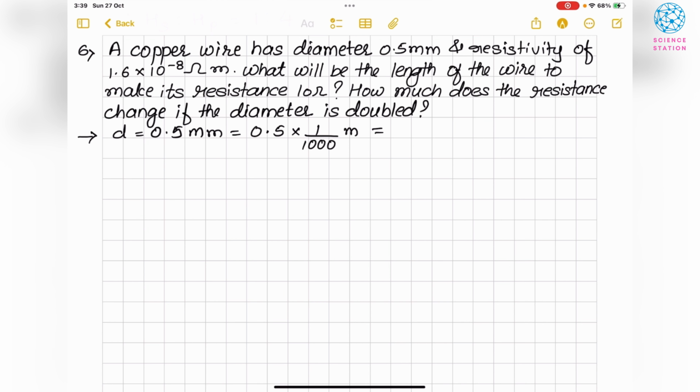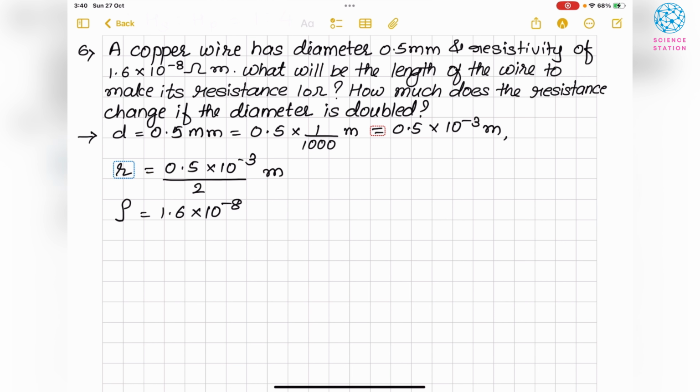So that will be equal to 0.5 into 10 raised to minus 3 meter. So I can say r will be equal to 0.5 into 10 raised to minus 3 upon 2 meter. Now resistivity is 1.6 into 10 raised to minus 8 ohm meter. R is 10 ohm, sorry.